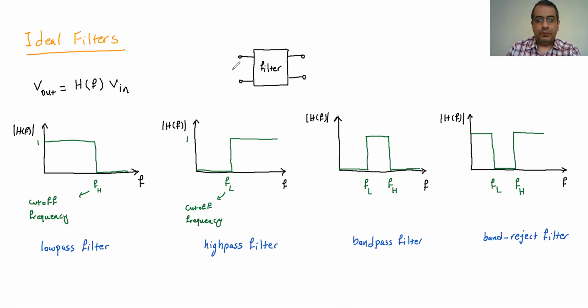So I connect, for example, the V in here to these two, and this filter can be any of these 4 or a combination of these 4, and then we have the output.